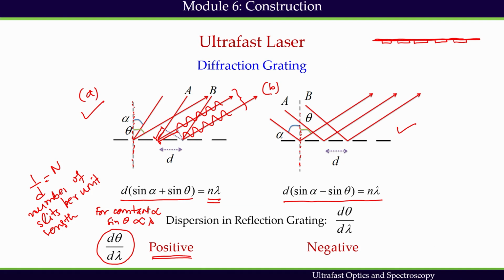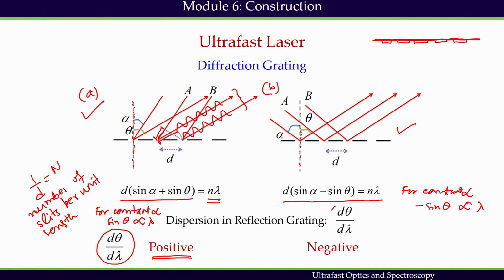But on the other hand, for configuration B, where alpha and theta are on opposite sides of the grating normal, for constant alpha we have minus sin theta proportional to lambda.